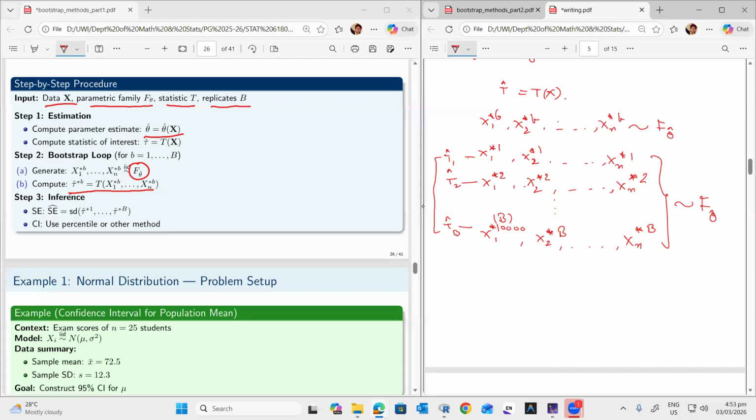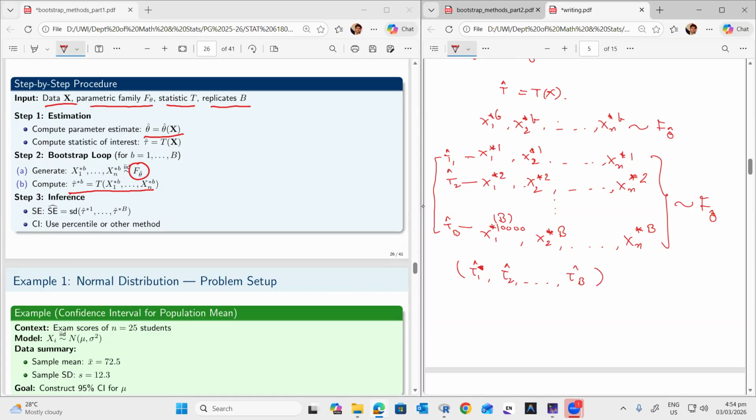And after that, I will use these sample statistics, tau 1 cap, tau 2 cap, up to tau B cap, to calculate my standard error, mean, confidence interval and other things.